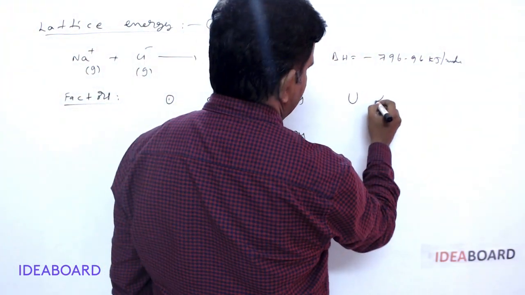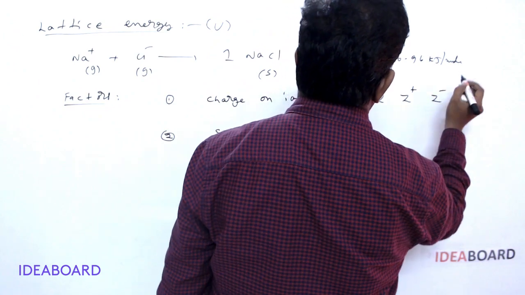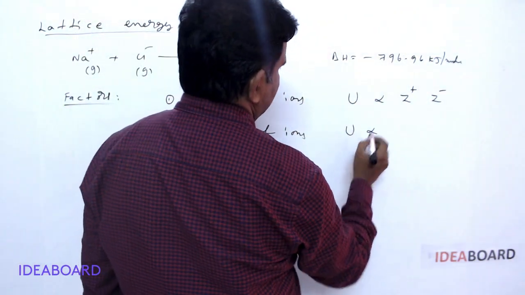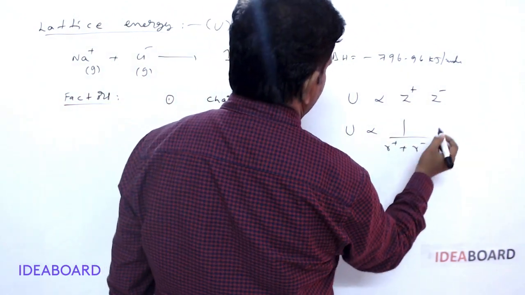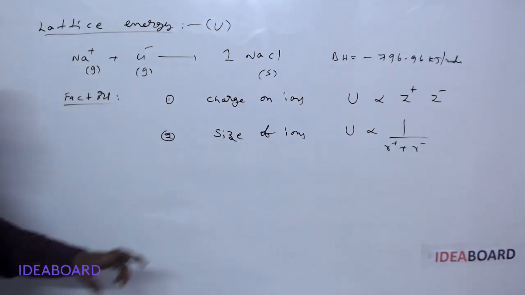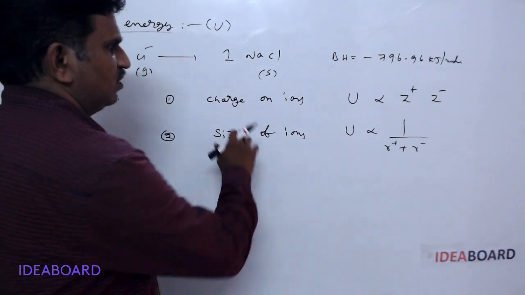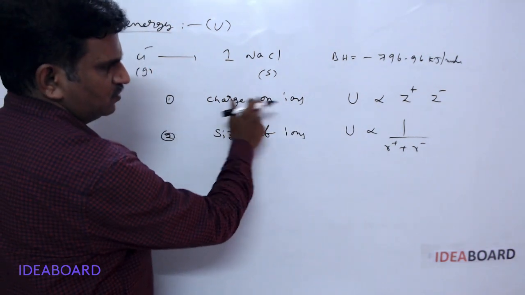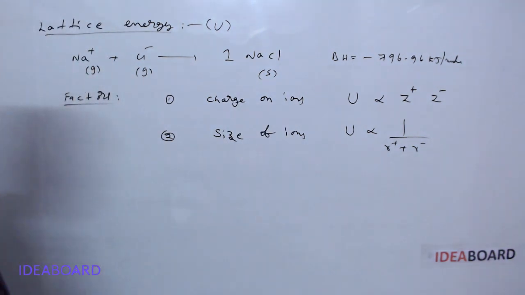Crystal lattice energy U is directly proportional to the charge of cation and anion, and inversely proportional to the sum of the radius of cation and radius of anion. So simply you can say crystal lattice energy is directly proportional to charge on ions and inversely proportional to size of ions.